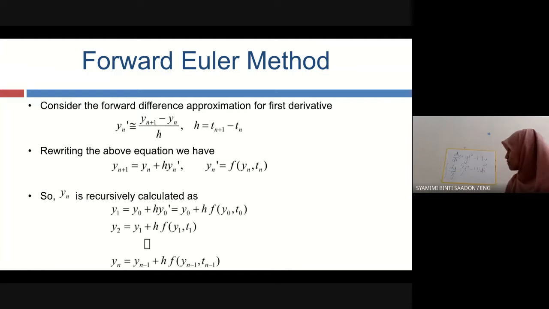So dy over y will be ln y. And t square minus 1.1, integrate: t power of 3 over 3 minus 1.1 t. So ln y equals t power of 3 over 3 minus 1.1 t plus, don't forget, plus a constant.